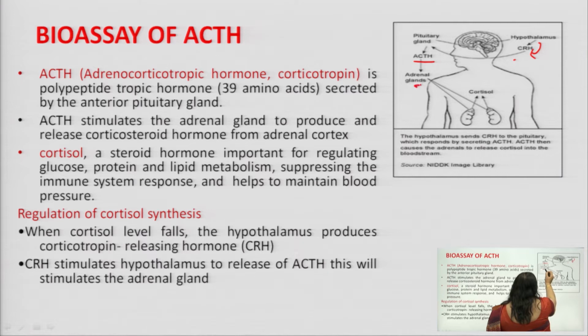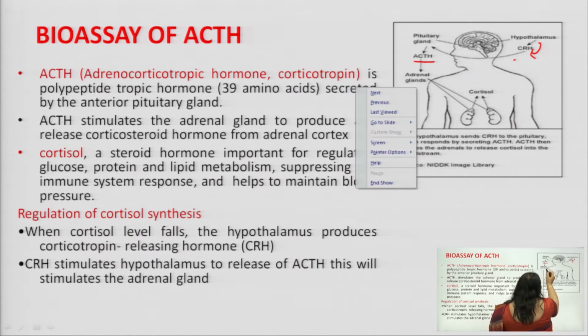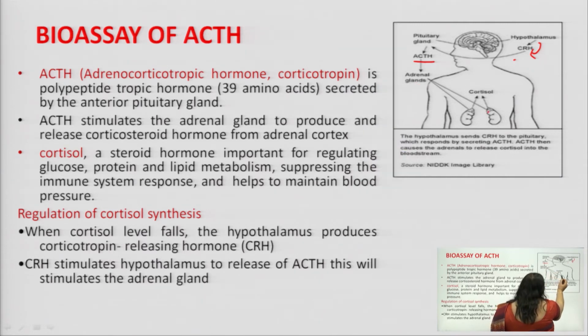ACTH then stimulates the adrenal gland, and the adrenal gland acts on the adrenal cortex to release the cortisol. So that is how cortisol synthesis or release is regulated by ACTH.